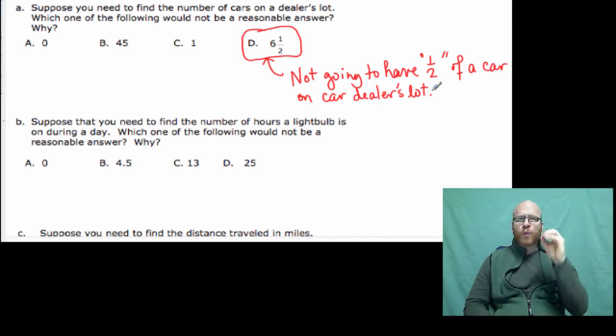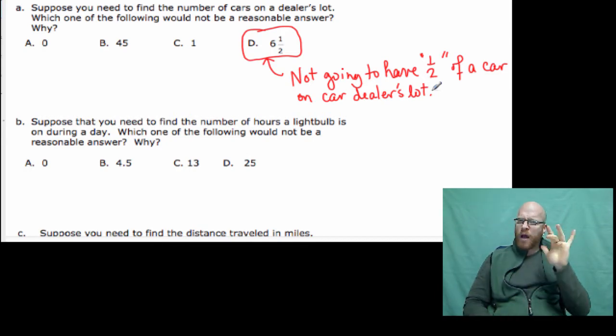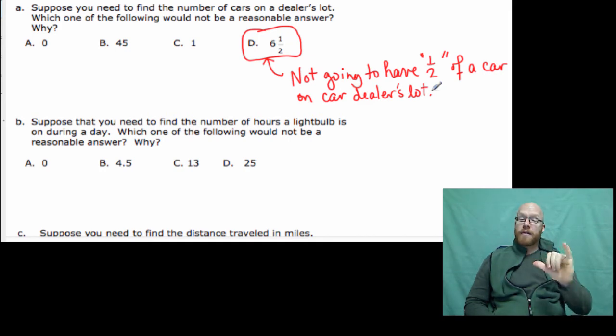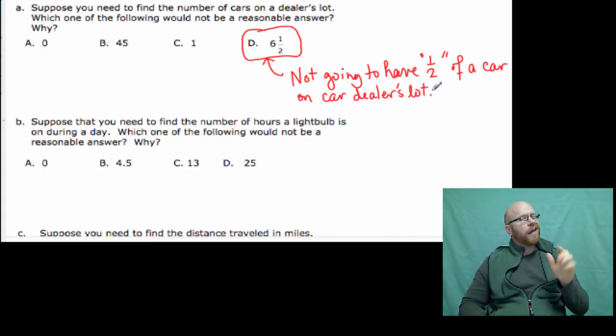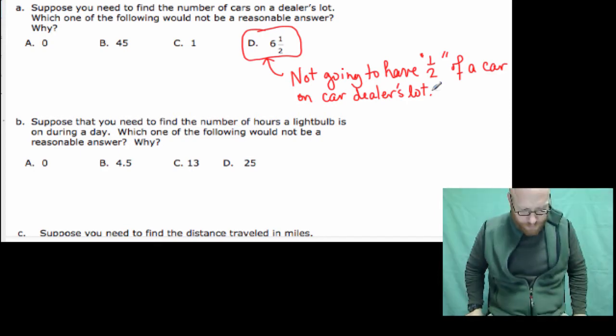So yeah, it could be 0 hours. D, 25 hours is impossible. It could be on for 25 hours straight, so that's not the reason, but the reason being we're talking about how many hours in one day.